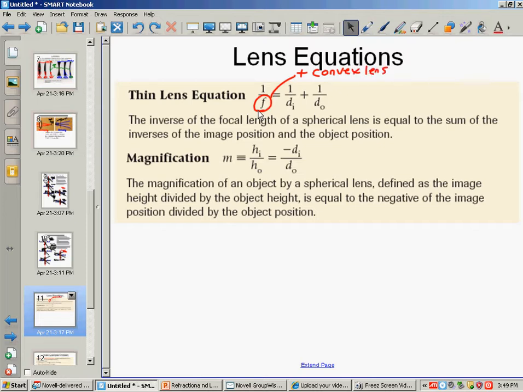It's going to be negative if you've got a concave. Remember here, the distance to my image, that's going to be positive if it's real and negative if it's virtual. The distance to my object is always going to be positive.